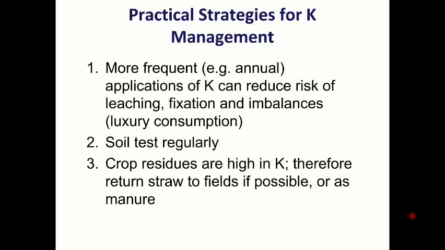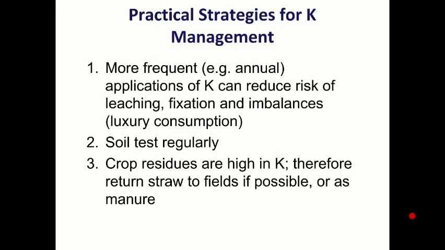Potassium, not so many strategies to recommend. It's been suggested that more frequent annual applications of potassium can reduce risk of leaching, fixation, and imbalances. So with luxury consumption, a little bit more often is recommended, rather than just putting a lot on every 5 years, which might flood the system and lead to leaching, and also be taken up in excess of what the plant needs.